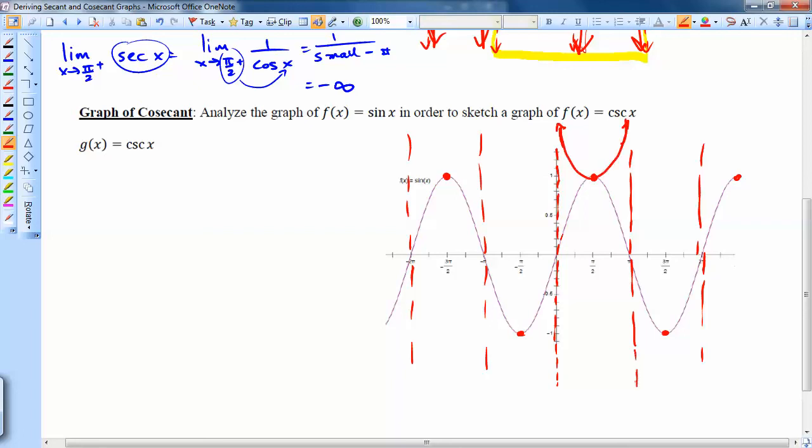And whenever the sine value is a really tiny negative number, the reciprocal is going to be a really big negative number. So we get a graph that looks an awful lot like secant, just shifted over a bit.